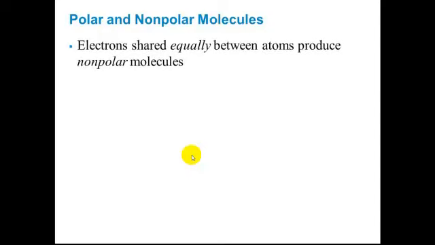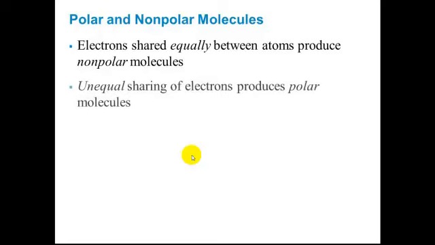Because these are shared, sharing is not always equal. When you have electrons that are shared equally between atoms, that will produce a nonpolar molecule. However, if there is unequal sharing of electrons, you'll have polar molecules. A polar molecule occurs when you have some degree of relative positivity or negativity within a molecule.